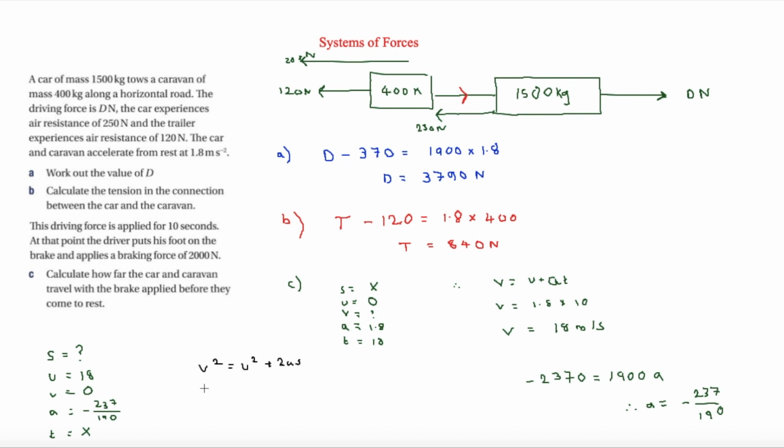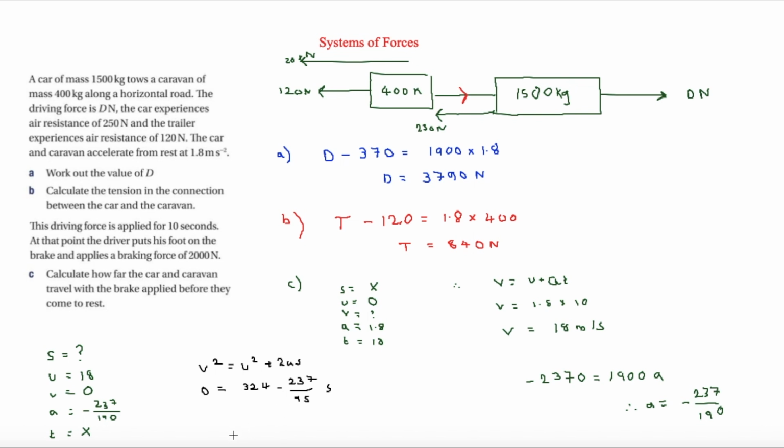So V squared is 0, that's equal to 18 squared, which is 324, and that would be minus 237 over 95 S, and that's times by 2 if you remember.